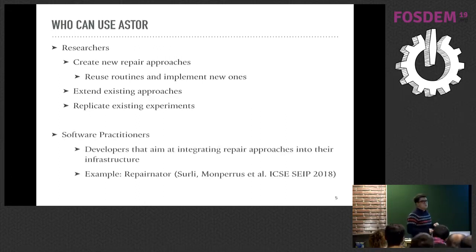But it was also used by software practitioners, for instance, for creating software bots. One of those examples is Repairnator, created by Simon Urli, who was here at FOSDEM, so you can discuss with him. That was a software bot that proposed pull requests with bug fixes.